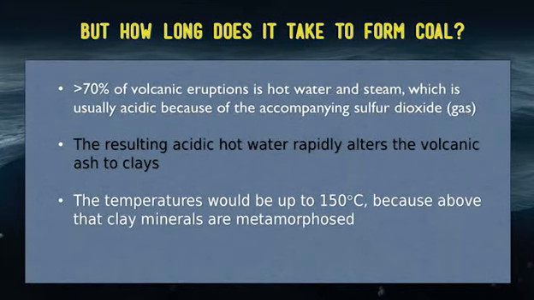And that resulting acidic hot water rapidly alters volcanic ash to clay. And the temperatures would easily be up to 150 degrees under those conditions, but not over 150 degrees because the clay minerals are metamorphosed or changed if the temperatures get too high.